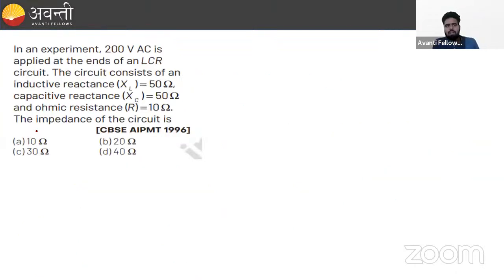So here is a question that came in CBSE AIPMT 1996. What is given in the problem? In an experiment, 200 volt AC is applied across an LCR circuit. Guys, this is a very easy topic, and if you apply the basics you have learned, you can definitely solve the problem.